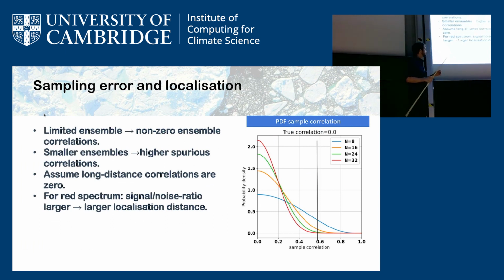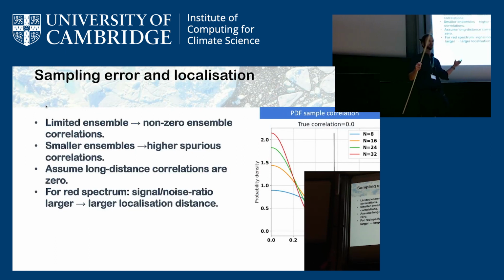The sampling. So these DA schemes need a specification of the error covariance. That's the covariance between error at different points in the model. And they estimate it from the ensemble.